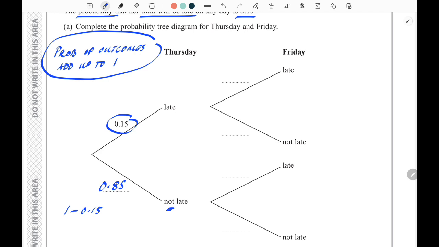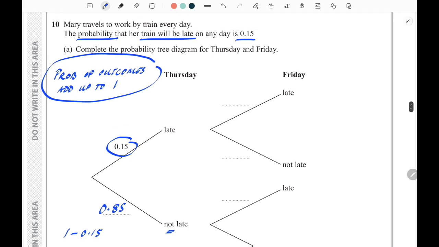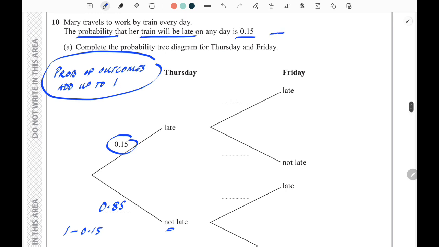Then the next part of the question, the Friday bit, remember it says that on any day, the probability of the train being late is 0.15, which means it is the same probability every day. Same every day. So we just quickly fill that in. It doesn't change.